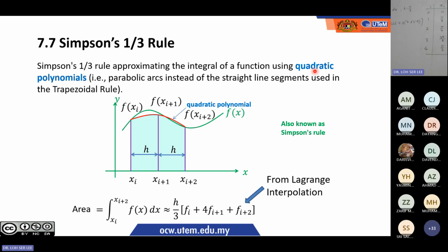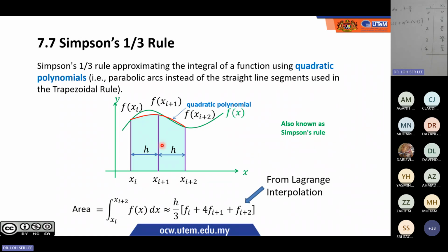Because to get a quadratic curve, we need 3 points, right? That's why we need to have 2 subintervals, minimum 2 subintervals, and they will work together.